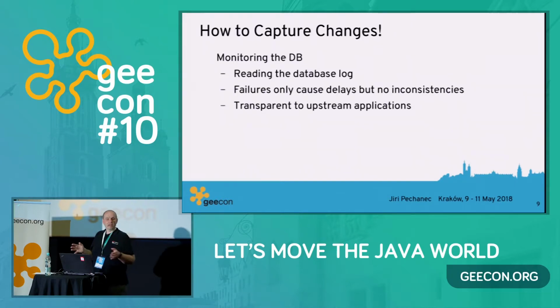And all of this is completely transparent to the upstream applications, so they are just blissfully writing to the database, and they don't care about this magic behind the scenes that streams the changes to the other applications.